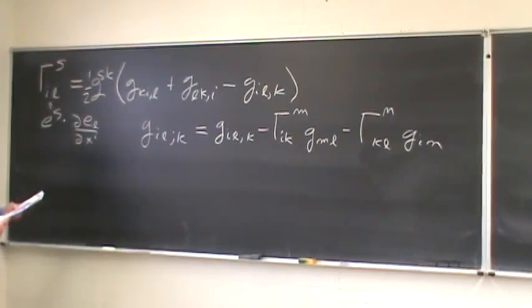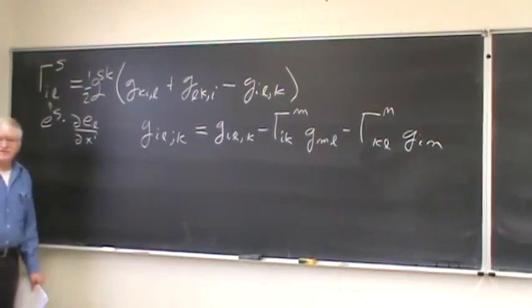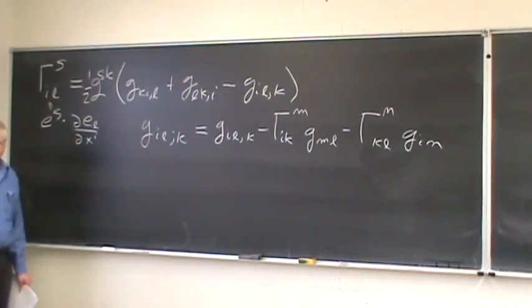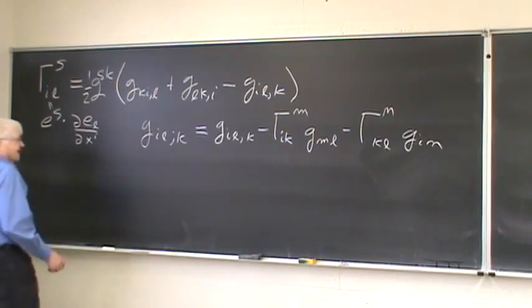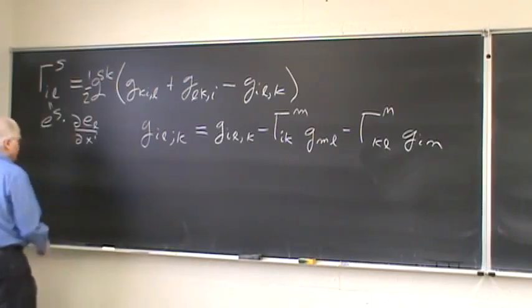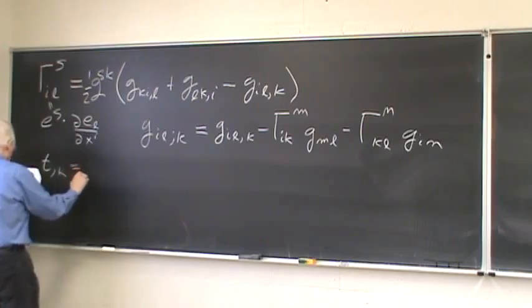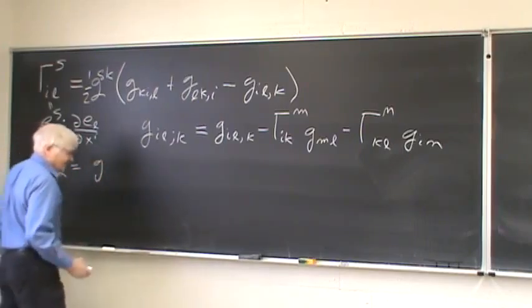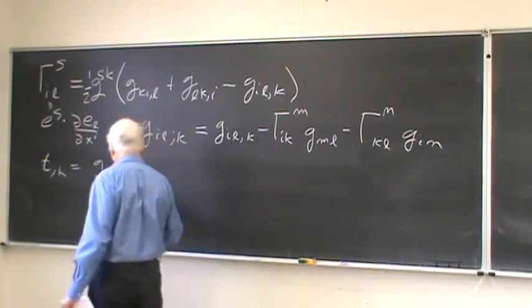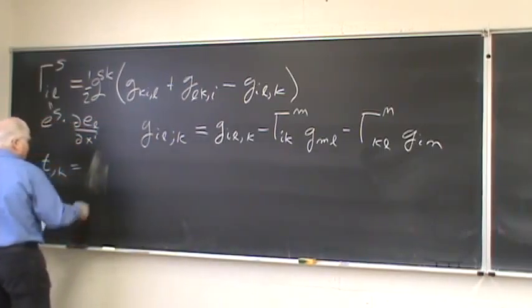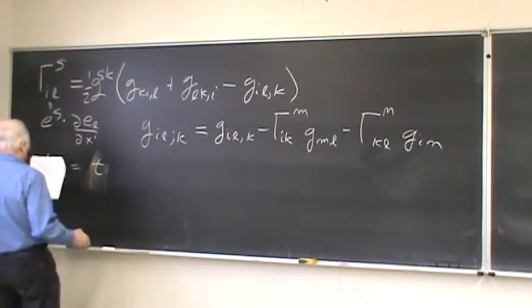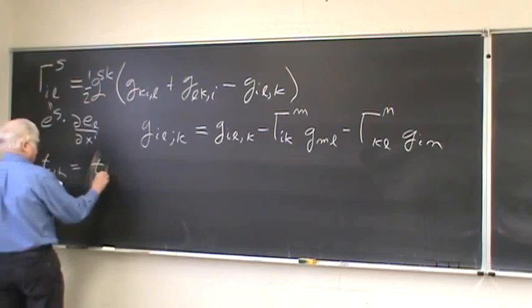So let me see if I can do it on the fly for this more general case. Let's call it T. So I want to do T comma k. I wrote g because that's what's in my notes, so doing this on the fly may be a little tricky.